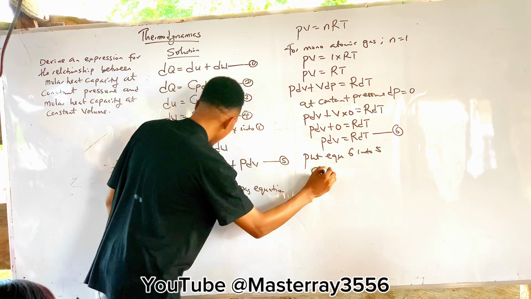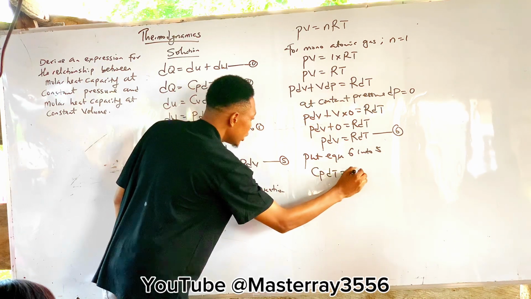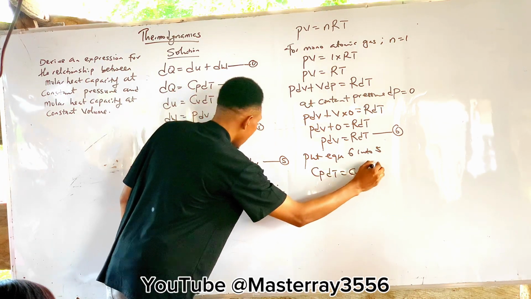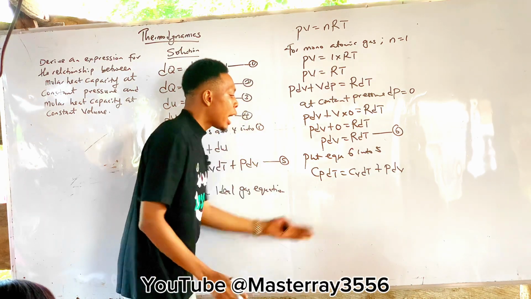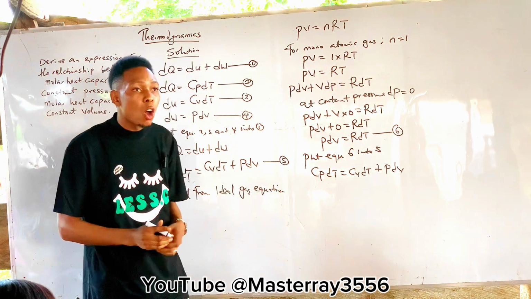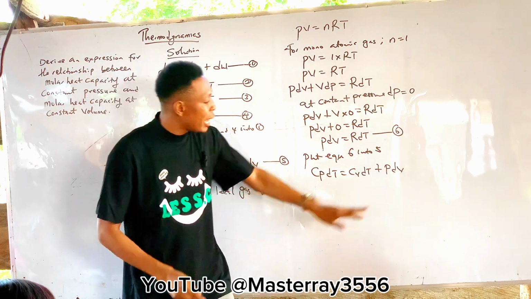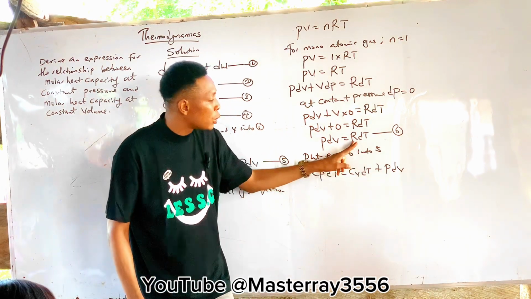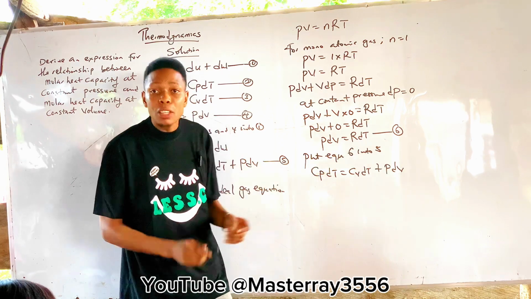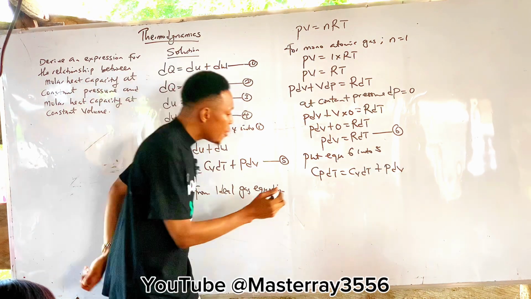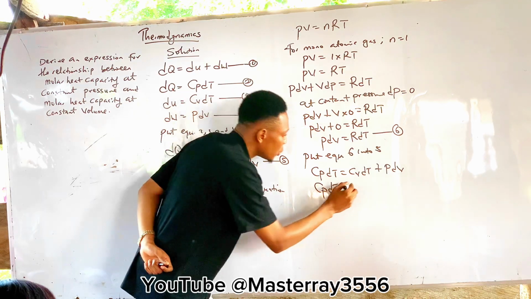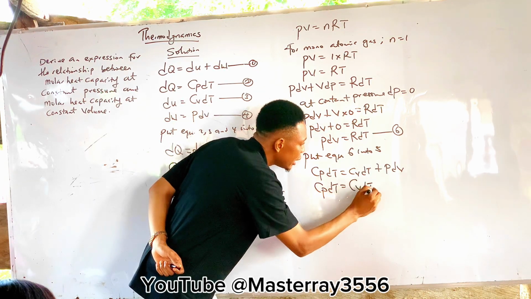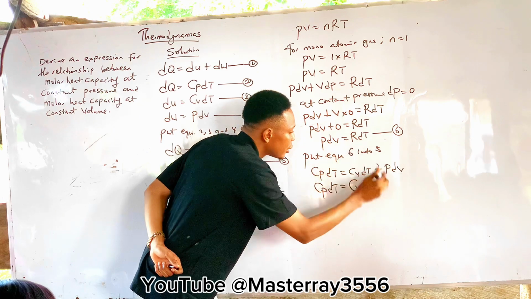We have Cp dT equals Cv dT plus P dV, right? So anywhere we find our P dV, we represent it with R dT. So I will have Cp dT equals Cv dT plus R dT.